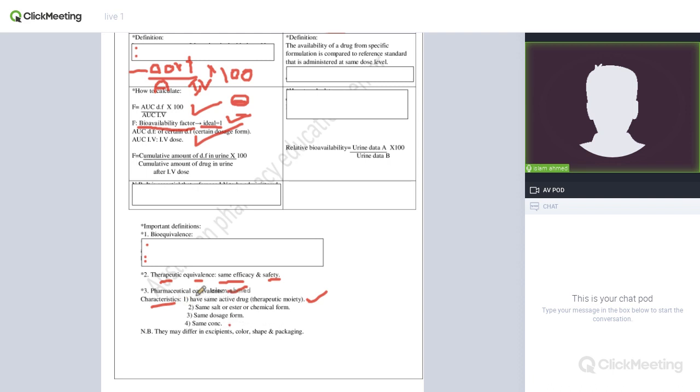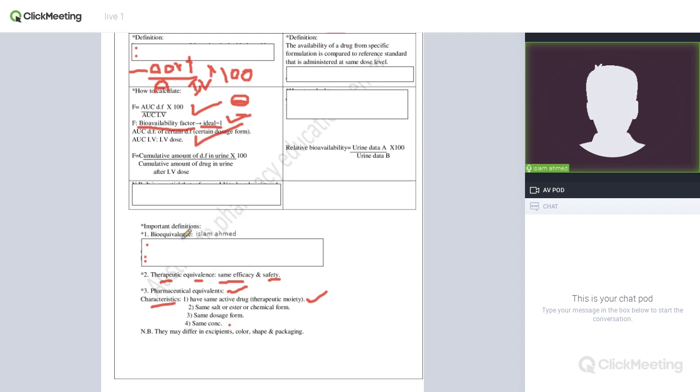This is the pharmaceutical equivalent. Okay, which we say in the pharmacy as generic. This is the pharmaceutical equivalent, which is the generic form of the drug. It has to have the same active ingredient, same salt or ester, same dosage form, and same concentration.